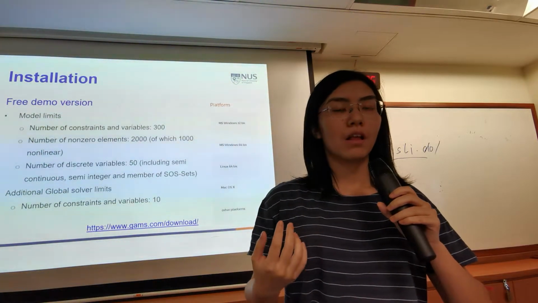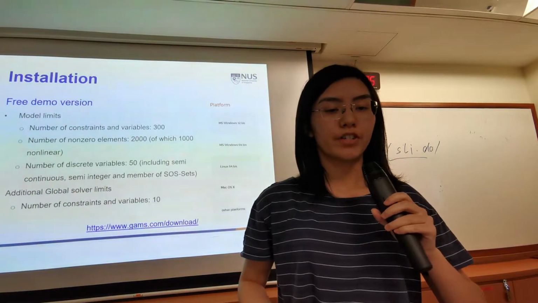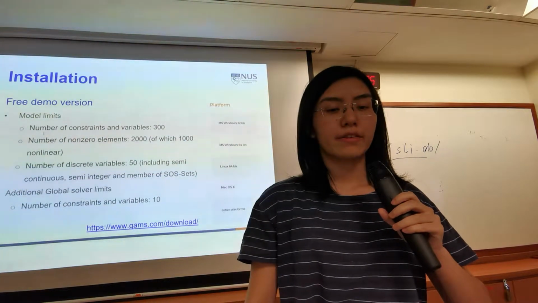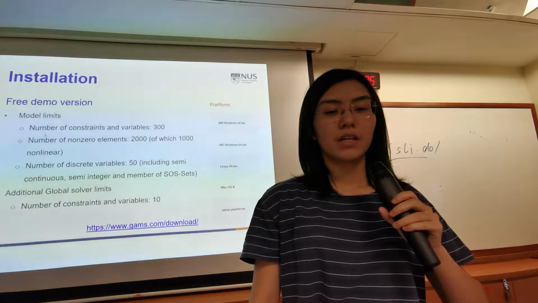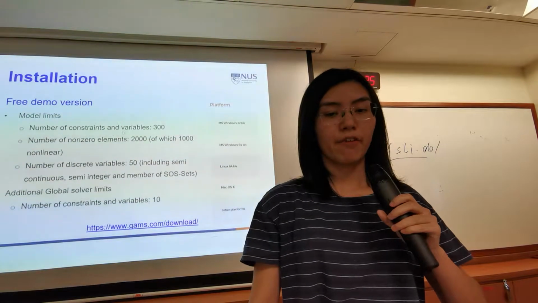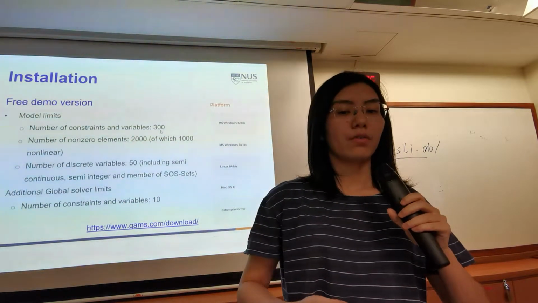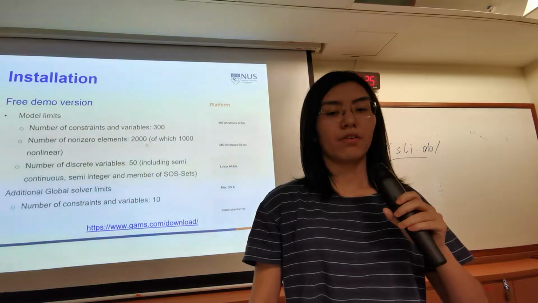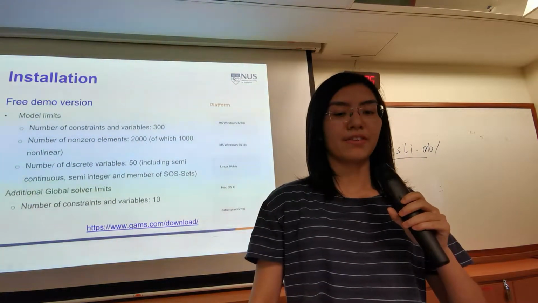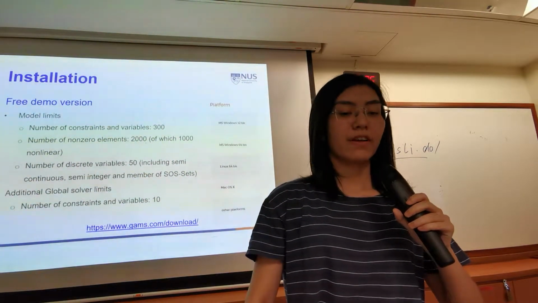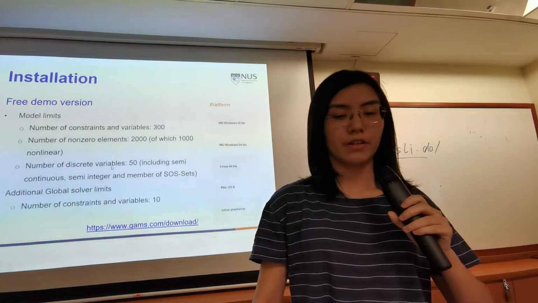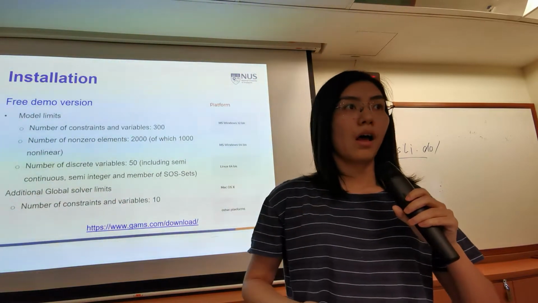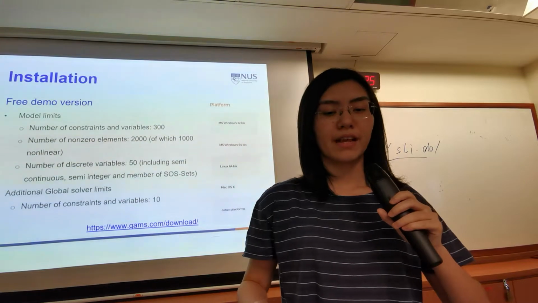If you have installed the demo version, there is something you need to know: the number of constraints and variables allowed to be solved is 300, and the number of non-zero elements is 2000. This is the limitation of the demo version, so when you write your code, please take note.